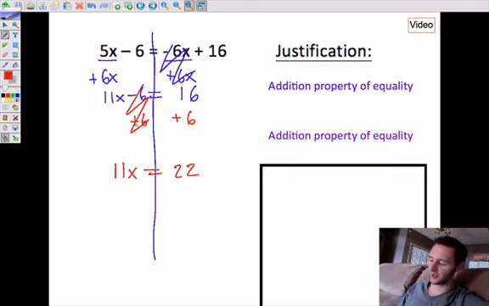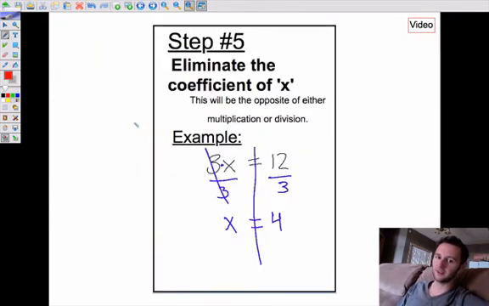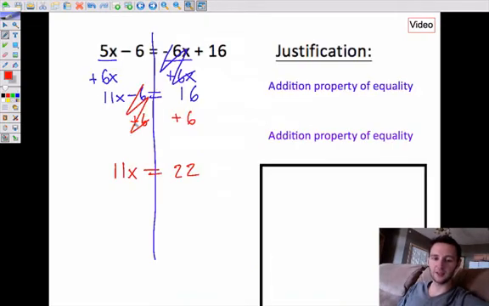And if you look back at our steps, I'm now at step 5, eliminate the coefficient. So in the example we had 3x equals 12, now we have 11x equals 22. And so the way that I'm going to get rid of this 11x is by dividing by 11 and dividing by 11. And that leaves me over here with x equals 2.